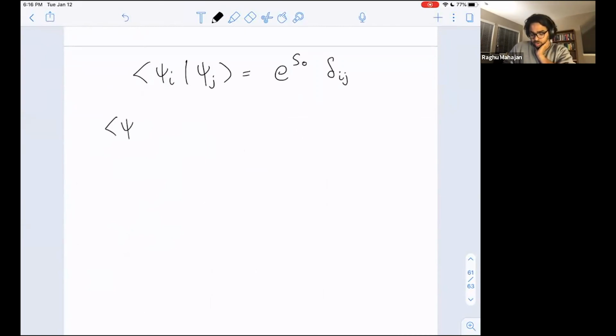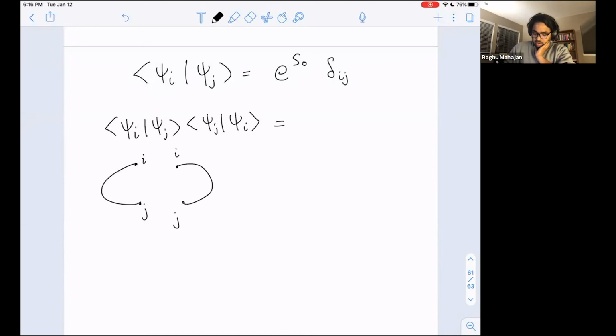But then I also computed for you psi i, psi j, psi i, using this kind of boundary condition, and here we found e to the 2S naught delta ij plus e to the S naught with nothing, right? These equations are inconsistent with each other. If I square the first equation, I don't get the second equation.